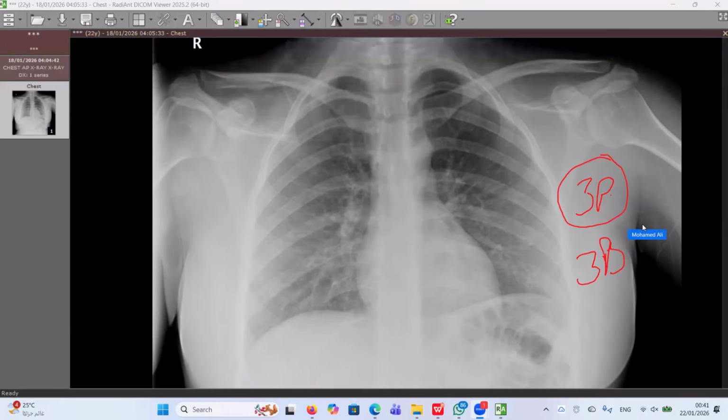Pleural effusion, pneumothorax, pneumomediastinum, behind the heart, below the diaphragm, and the breast shadow. Are the breast shadows present or not? If there is any evidence of mastectomy or not.